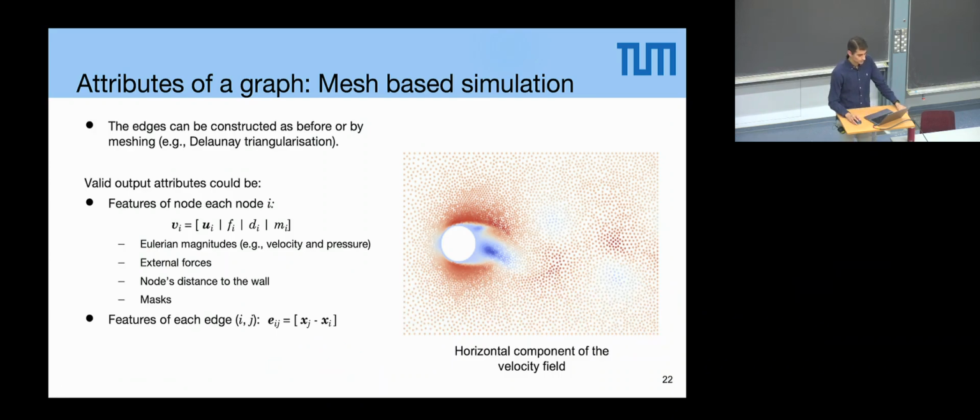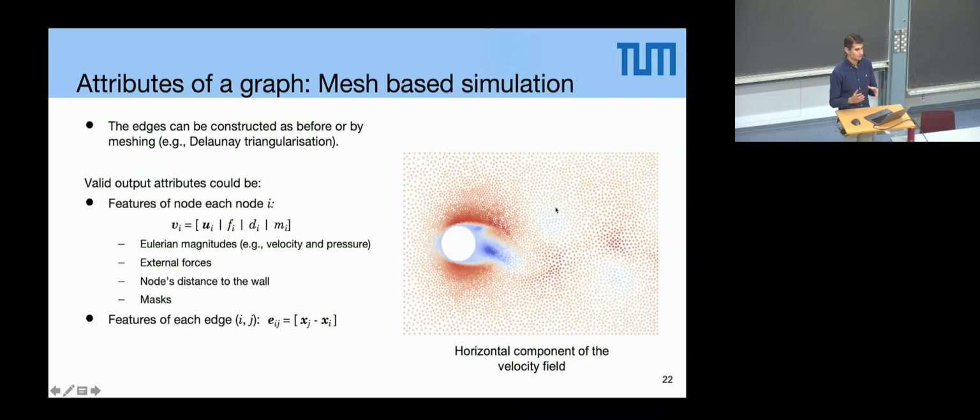Okay, and if we are working with a mesh-based simulation, we already have our mesh from CFD. Normally we don't directly use meshes used for numerical simulations because these are very fine and have lots of nodes, and the advantage of using a deep learning surrogate is that we can use a coarser mesh, so it's going to be faster.